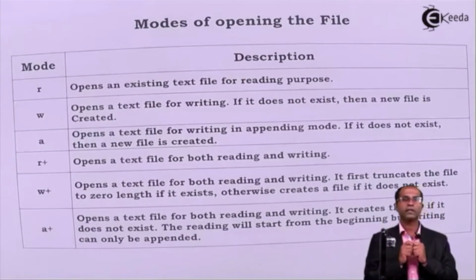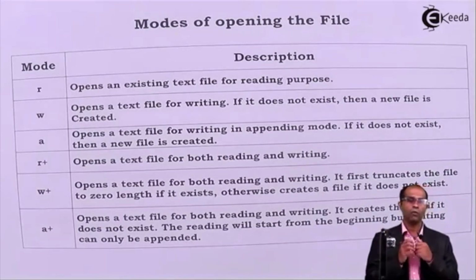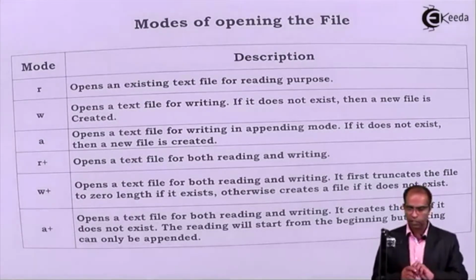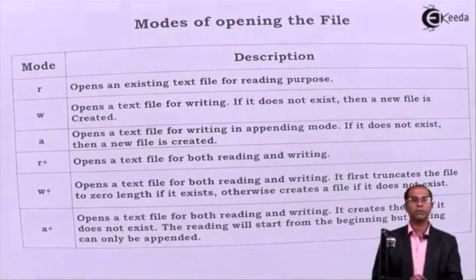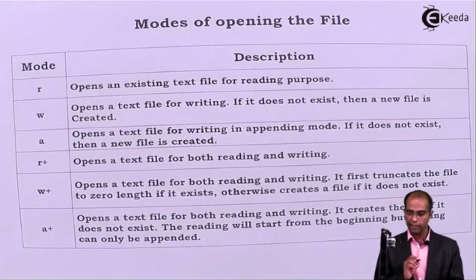So the first character which we associate with mode is R. What does R mode do? I have a table at this particular place which says the mode and the description of this particular mode. You can view this content, but do listen to the context in which I'm going to speak about these modes. Now R, it says, opens an existing text file for reading purpose.